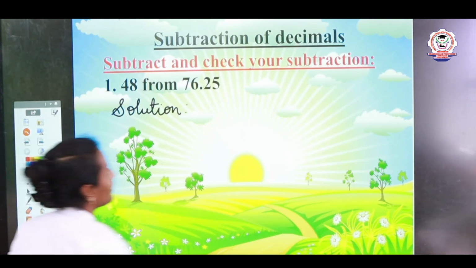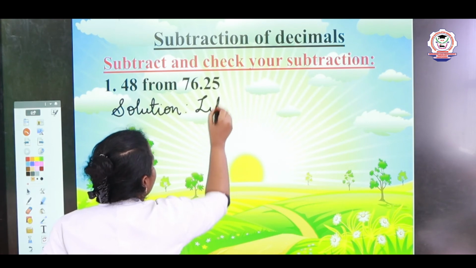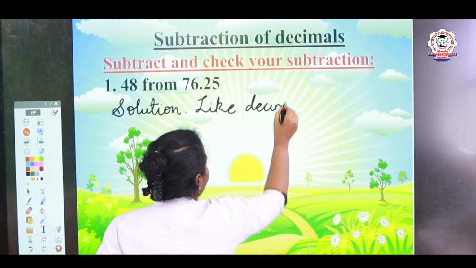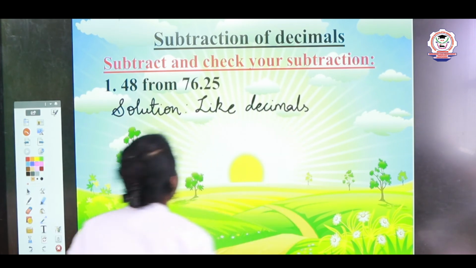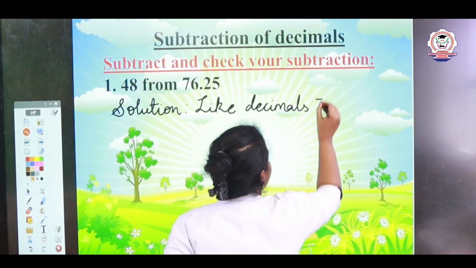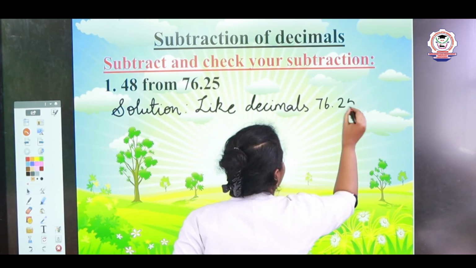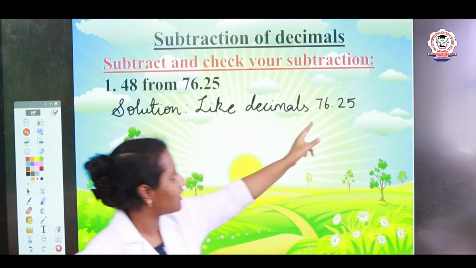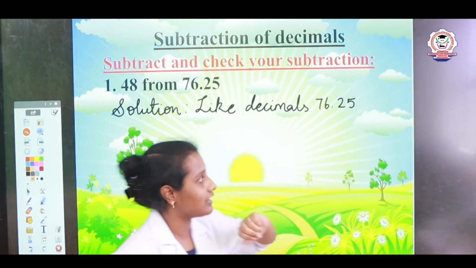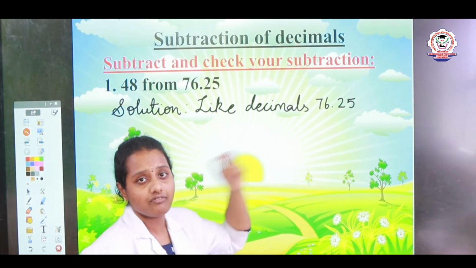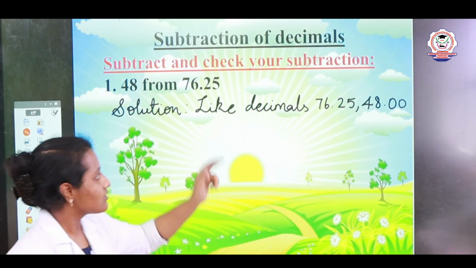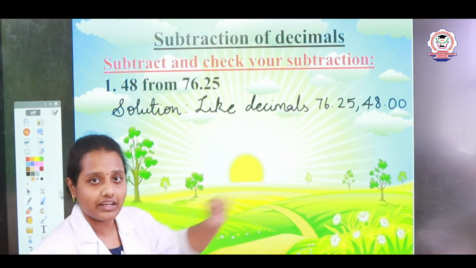First we are going to convert to like decimals. They have given 76.25, and we check whether after the decimal point we have tens place and hundreds place. So we are going to do the same for 48. Yes, my dear children, now we have written the like decimals. So we are going to subtract the written like decimals.